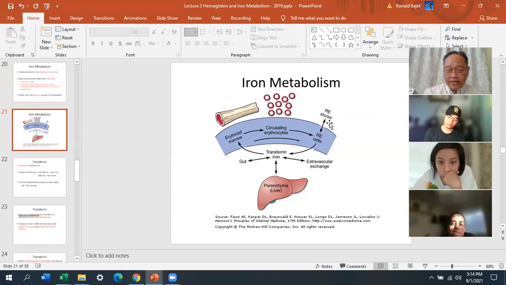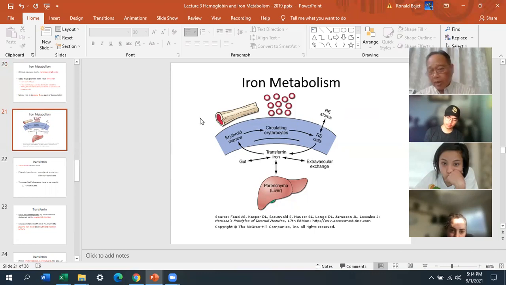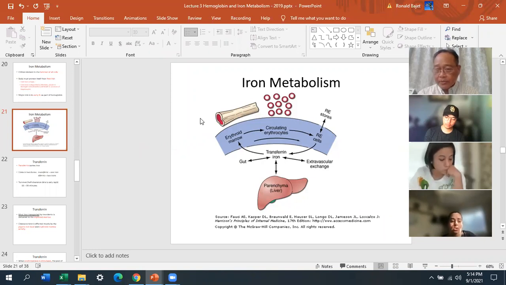Transferrin is going to take iron from the ferritin and deliver it to the bone marrow. Ferritin is like a little purse holding it. Remember, iron cannot be in its free form. That's toxic. It has to be bound to a protein, so here it's bound to ferritin. Thank you. You're welcome.